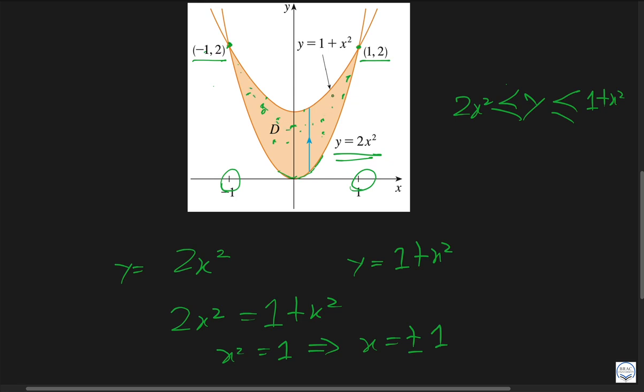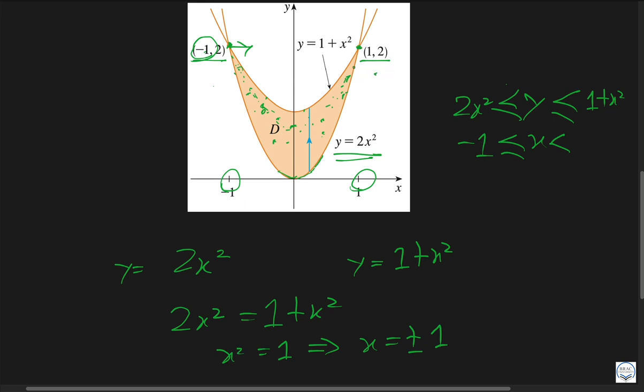Similarly, now we'll find the x limits. All of these points have x coordinates which must lie between minus 1 and plus 1. It may be this particular point where it's minus 1, or if it's towards the right of this point, the x coordinate is greater than minus 1.